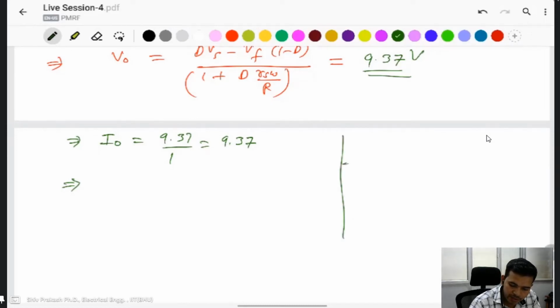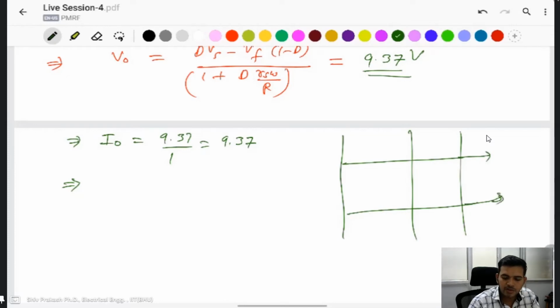I will draw the waveform. The average output current I0 is equal to IL, the same as the inductor average current.